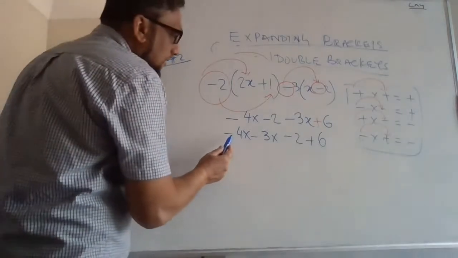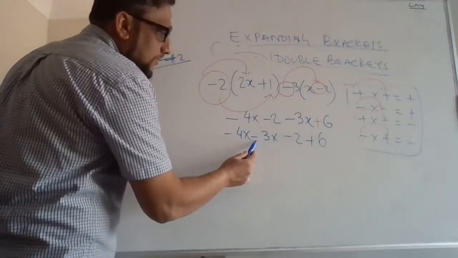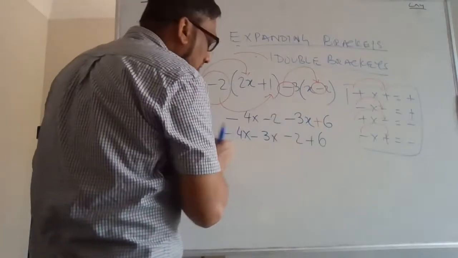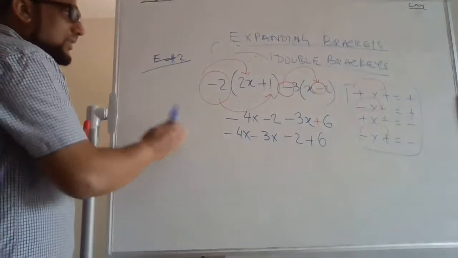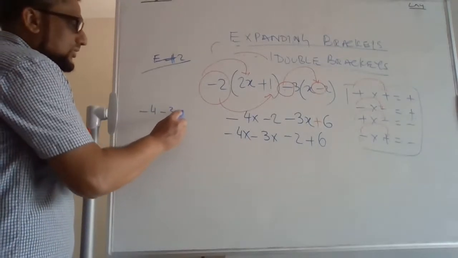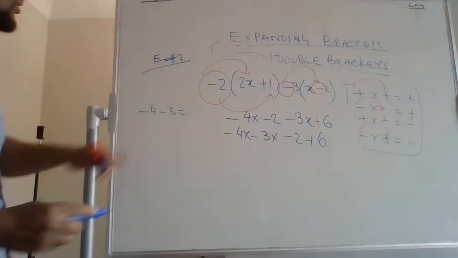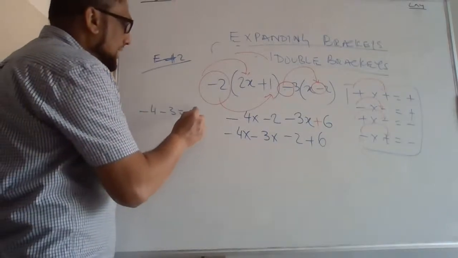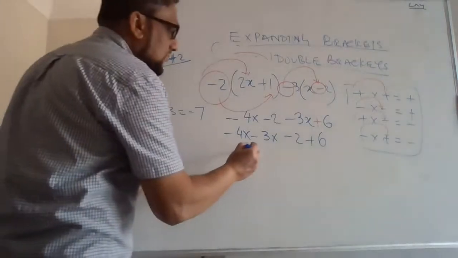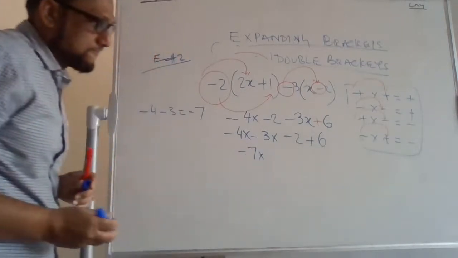So minus minus, be careful, we are not multiplying now, we are adding. So minus 4 and minus 3, your answer will be minus 7. So it means minus 7x.